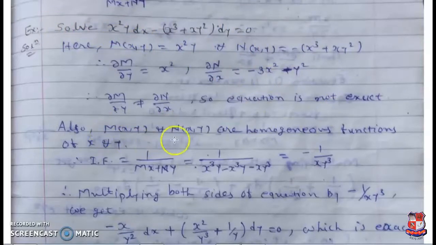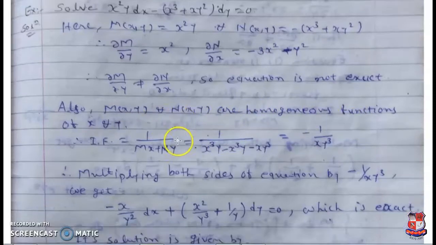Therefore, this differential equation is a homogeneous differential equation. Then we have to check Mx + Ny. That means we multiply M by x and N by y and take the addition of these two terms.